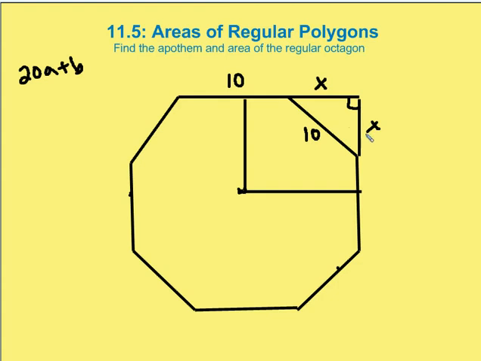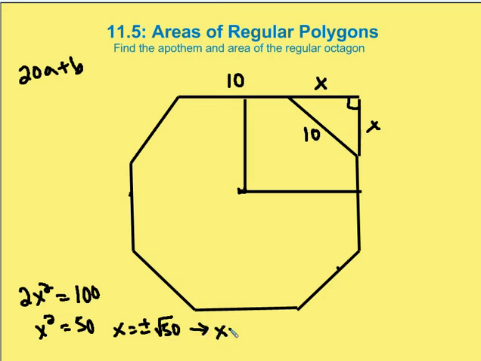So now we have an equation to figure out what the value of x is, and that's just x squared plus x squared is equal to 10 squared, which is 100. So 2x squared in this case is equal to 100. x squared is equal to 50. And x is equal to plus or minus root 50. We know that x cannot be a negative value.